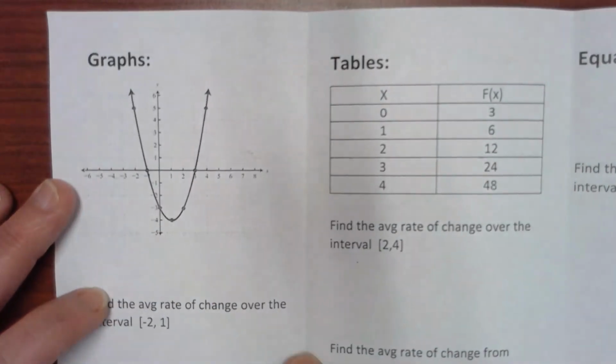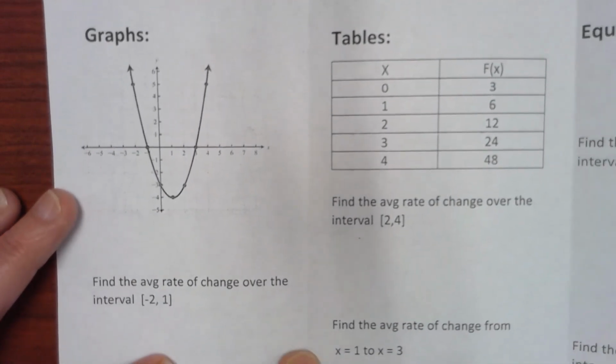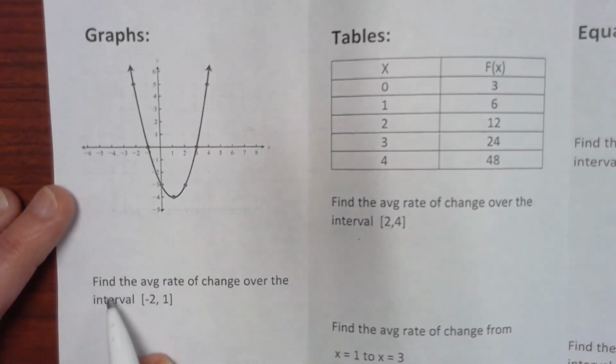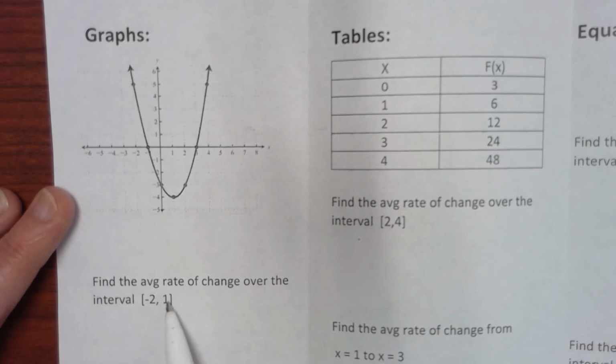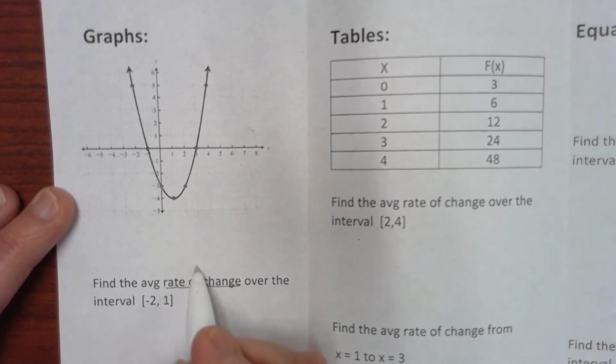So I do apologize. The grid lines are really difficult to see here, but unfortunately the printer doesn't do very well. But notice, find the average rate of change over the interval -2, 1. Okay, well y'all, we've got to know that average rate of change means the slope.